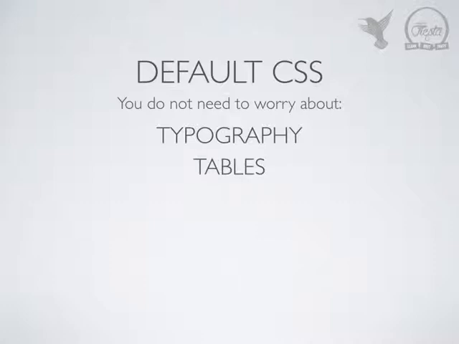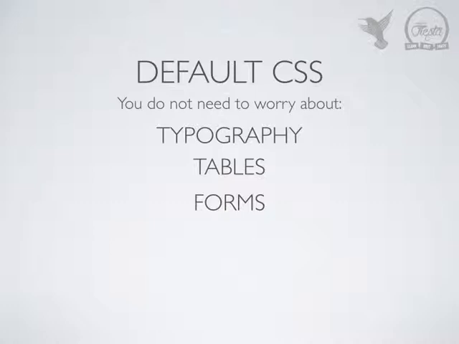Tables. By default, all the tables are styled. You just need to additionally specify a class attribute with a table value on a table, and it's going to work right away. There are a lot of different table styles you can choose from, and once again, since there's a lot of stuff, I'm not going into very much detail over there. Forms.